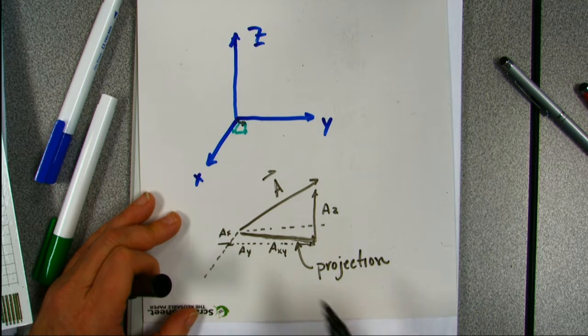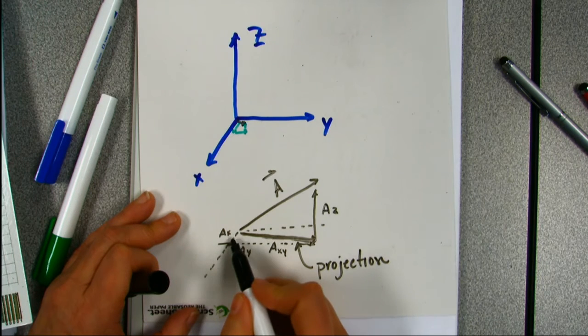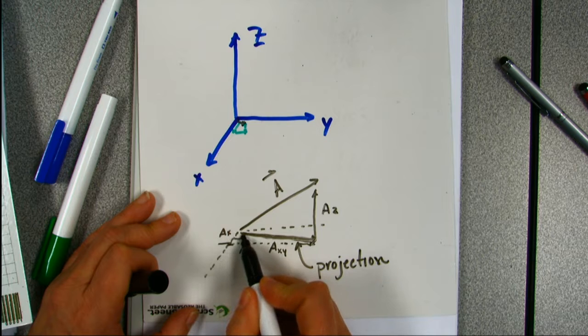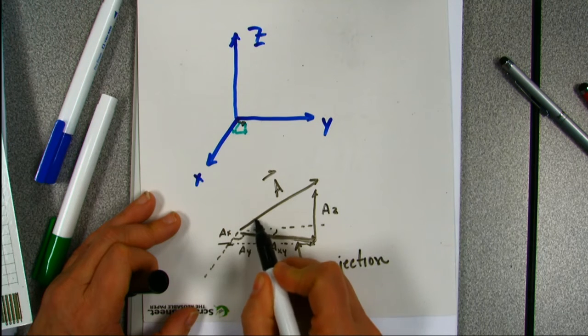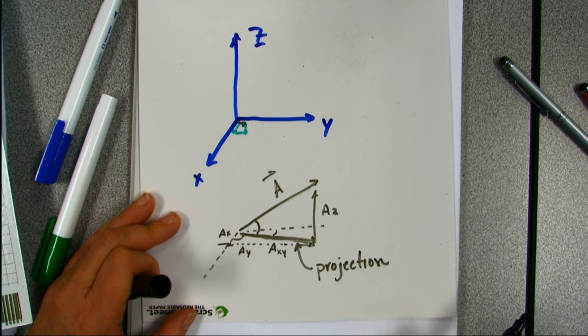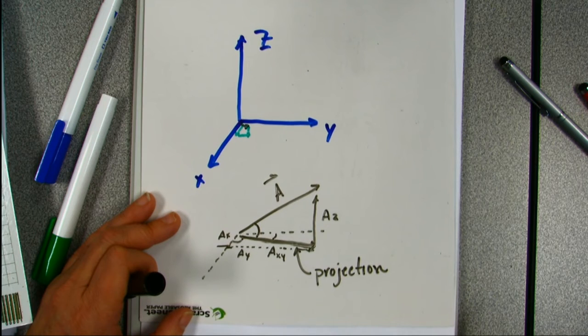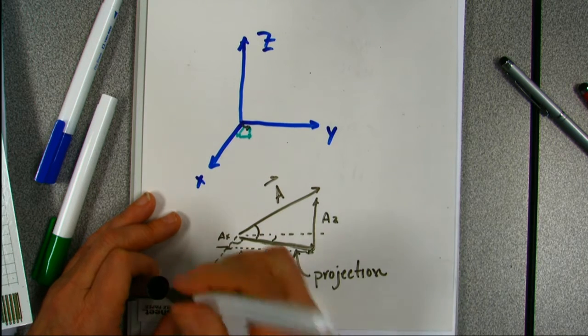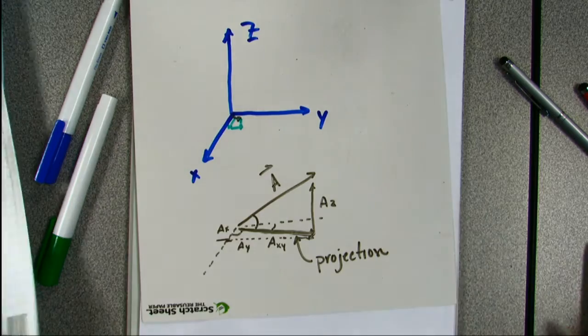And we've got a projection, which also means that we're going to see angles here. So here's an angle, this is an angle, and that's an angle. So we're going to get these angular things when we start working in 3 dimensions. So we're going to have those pieces that are out there.